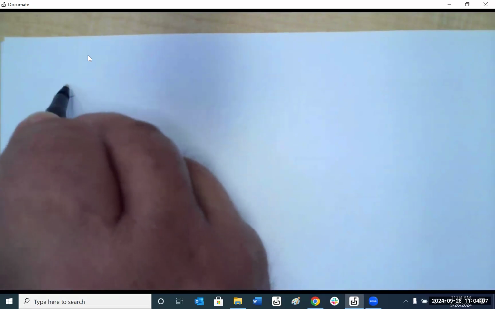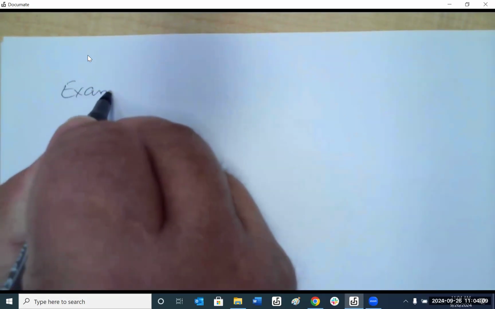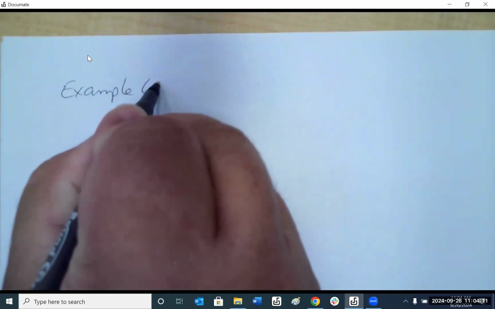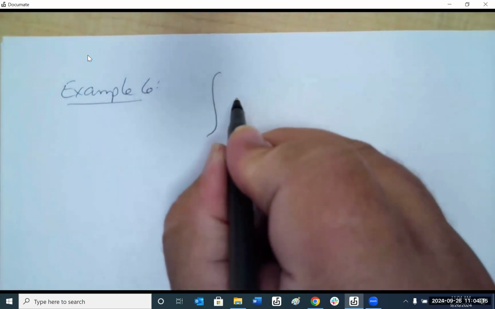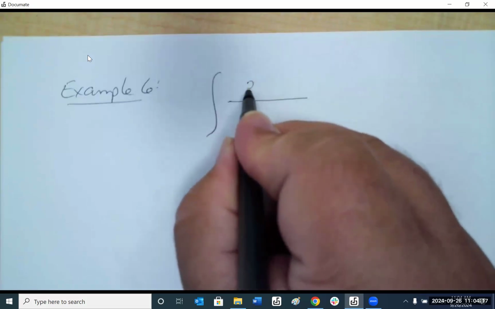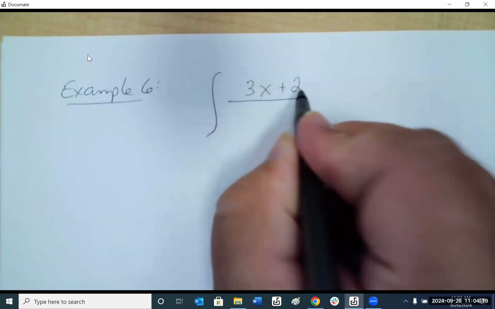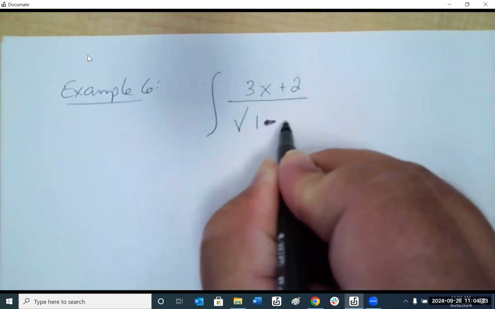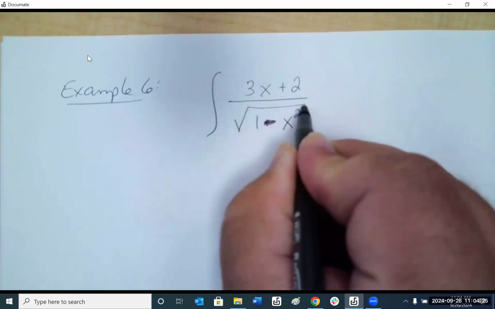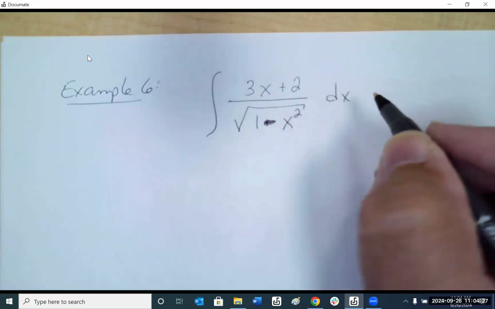Let's look at example 6. We have the indefinite integral of 3x plus 2 over the square root of 1 minus x squared dx.